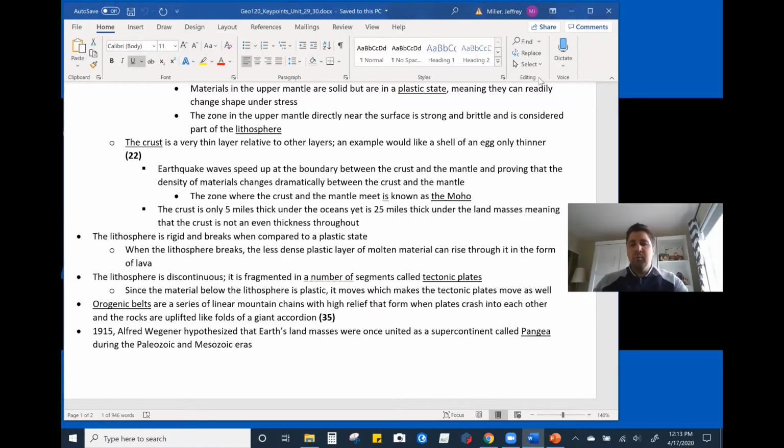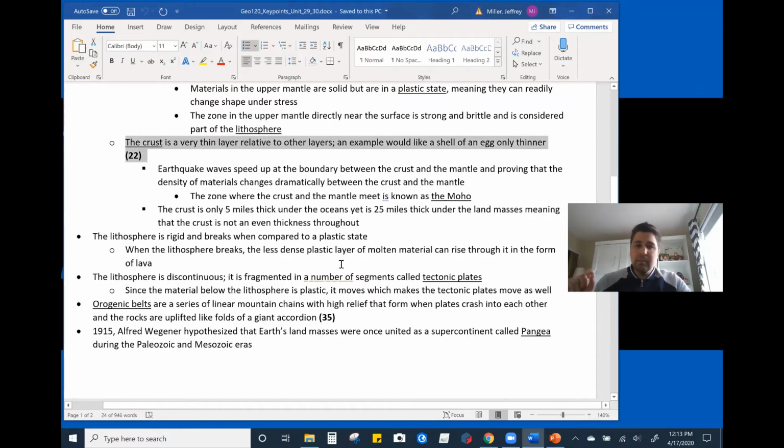We saw on the board the different layers, and I did want to mention just a couple other things about the crust itself. The crust is a very thin layer relative to the other layers. The other layers are hundreds of miles deep, whereas the crust is very, very thin. I mentioned a few hundred miles, but it's not even nearly that.